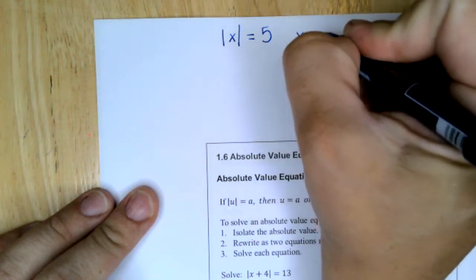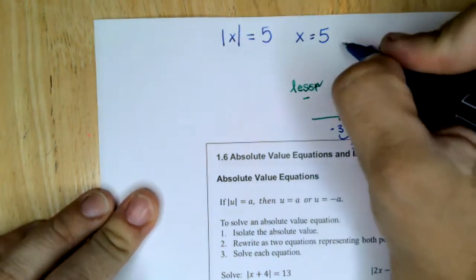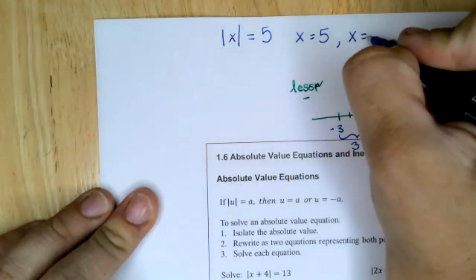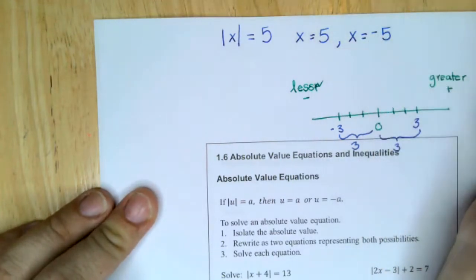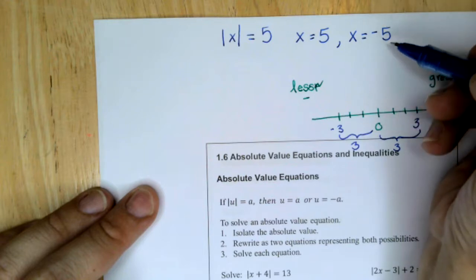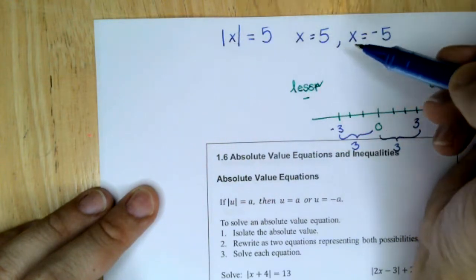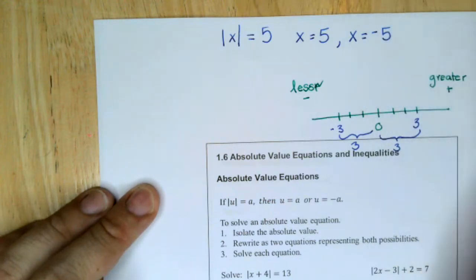X can be 5, and there is one other number that x can be. X can be negative 5. Okay? And we had a question about this in class. How can x be negative 5 if there's an absolute value here? But we're putting the negative 5 in for the x.